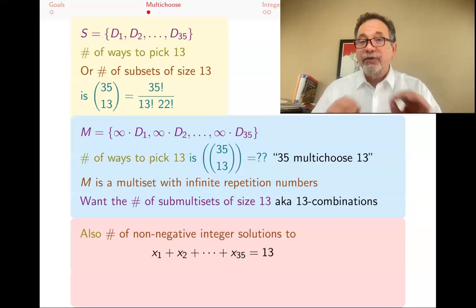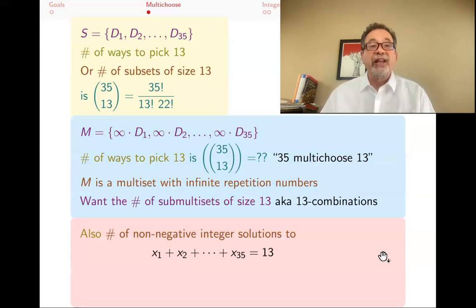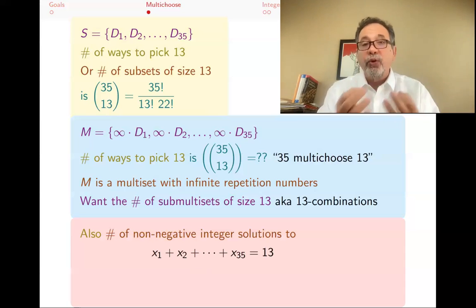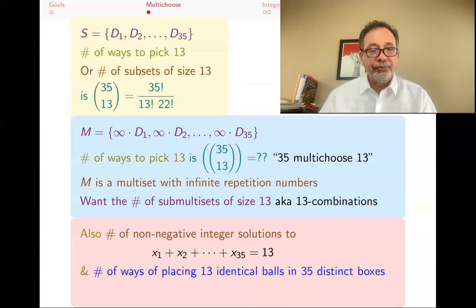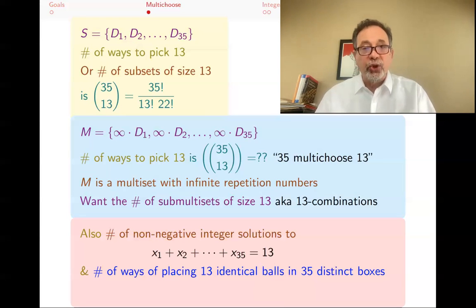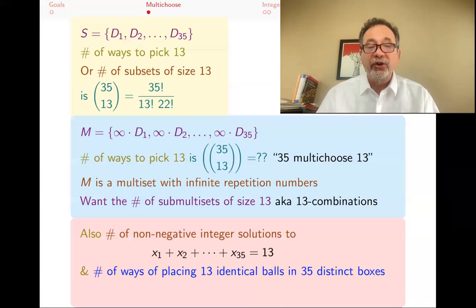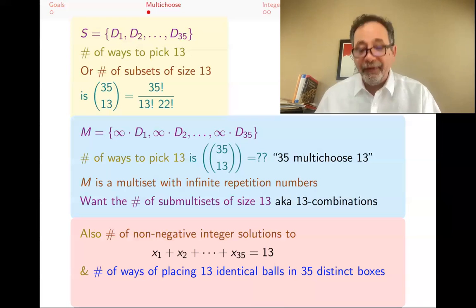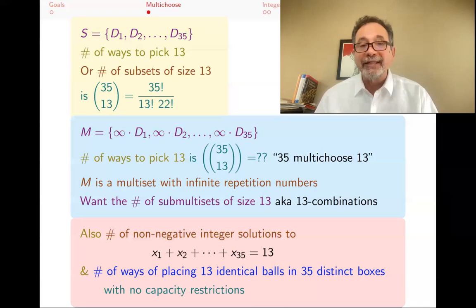And this formulation is actually really important, because lots of problems you can translate into finding the number of non-negative integer solutions to an equation just like this, a linear one with coefficients 1 equals something. You can also think of this whole problem as the number of ways of placing 13 identical balls in 35 distinct boxes with no capacity restriction.